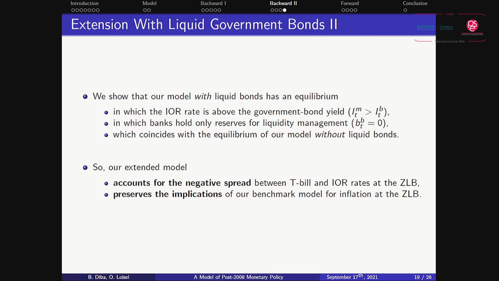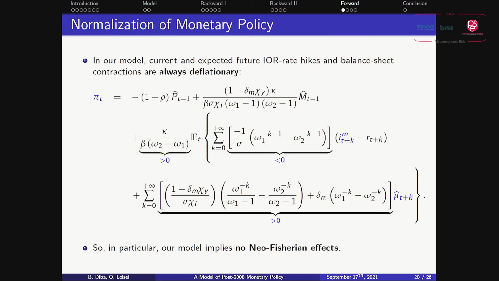Which means that the extended model does account for the negative spread between the two rates while preserving exactly the implications of the benchmark model for inflation at the ZLB. So that was about trying to account qualitatively for these key observations about US inflation and money market rates during the ZLB episode. And then we explore the model's implications for the future, looking forward in time, and in particular for the normalization of monetary policy.